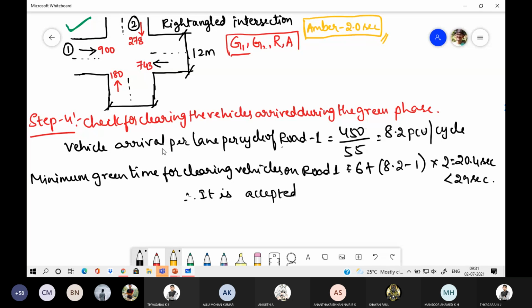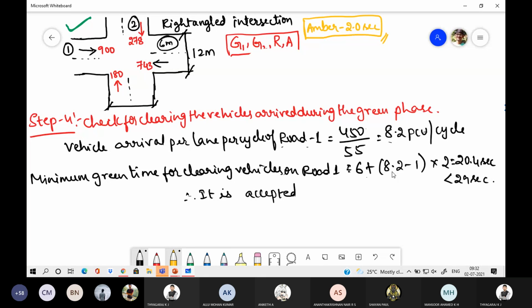So the vehicle arrival per lane per cycle of road 1 is 8.2. That is whatever the design traffic we are getting for road 1 divided by the total signal time. Then the minimum green time for clearing the vehicles on road 1. We have got a 12-meter width, so in that 6 meters we are going to consider.